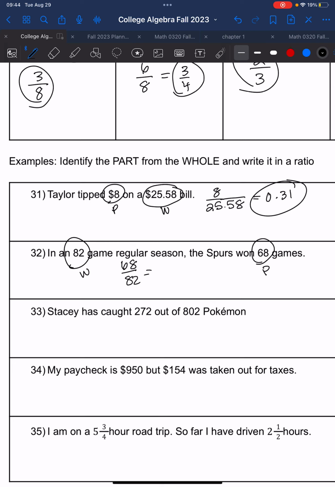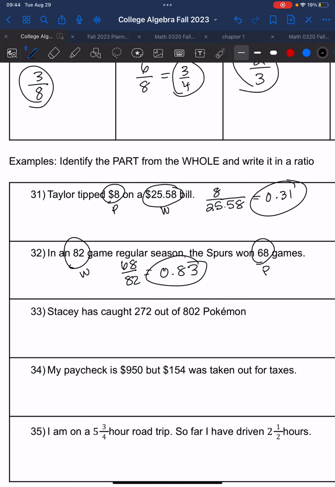Let's type that and see what that decimal is. So 68 divided by 82, we get approximately 0.83, which tells us that out of all the games total, the Spurs won about 83% of them.